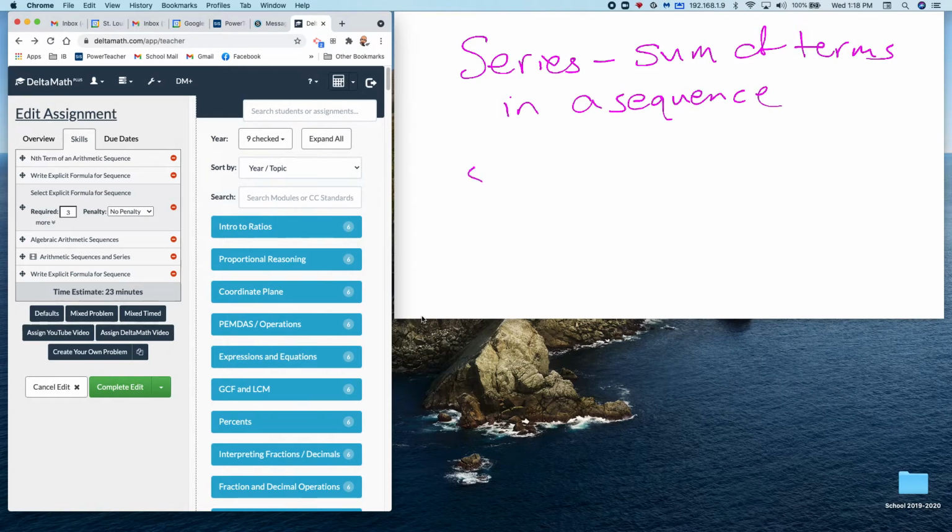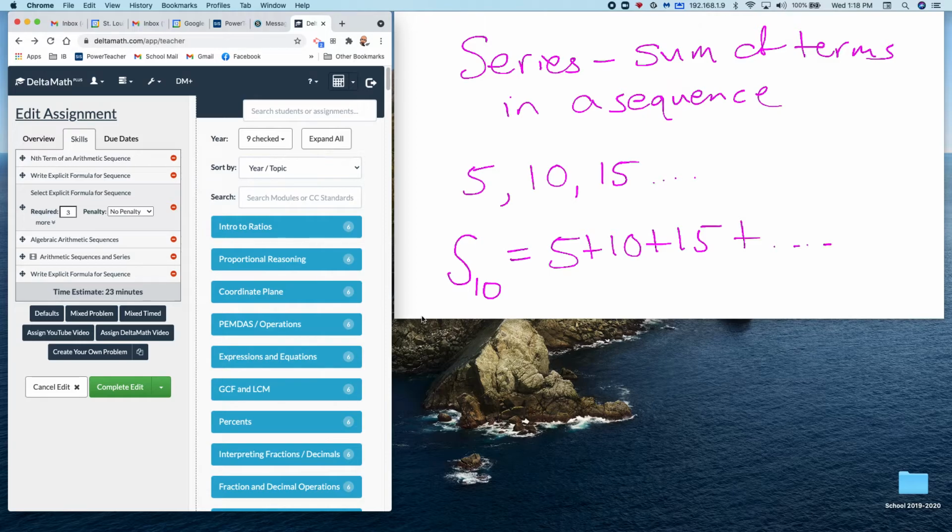So if you had the terms from that previous one, 5, 10, 15, and I said find the sum of the first 10 terms of this sequence, we would do 5 plus 10 plus 15 plus all the way up to the last term. So you got 5, 10, 15, 20, 25, 30, 35, 40, 45, 50, all the way up to 50. And that could take a little time.